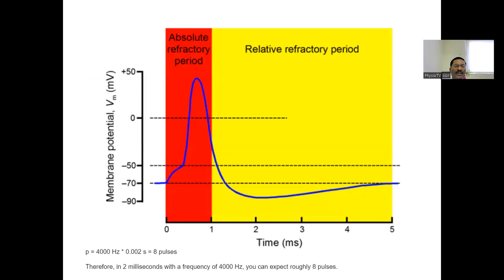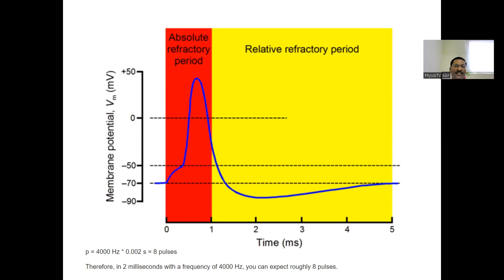Now, we need to understand that when we are using interferential current for muscle stimulation, we are using a frequency of 4000 hertz. 4000 hertz means in a millisecond, there are 4 pulses. If you remember the electrical activity of the nerve, it lasts for 2 milliseconds. In 2 milliseconds, the medium frequency current produces 8 pulses.